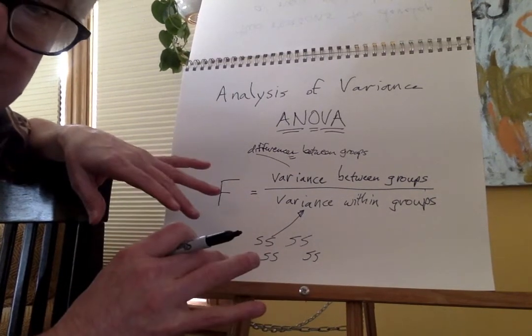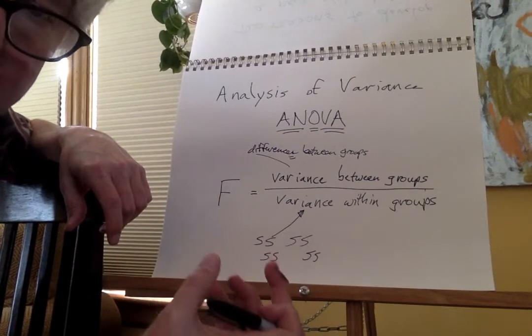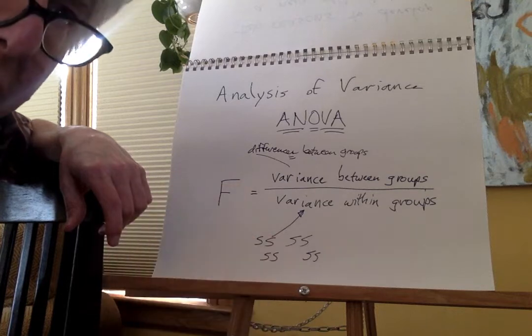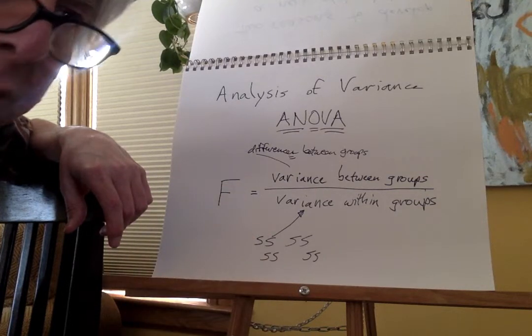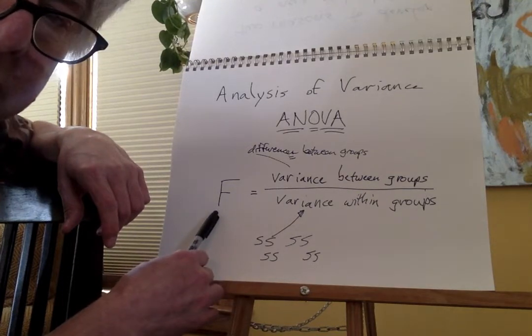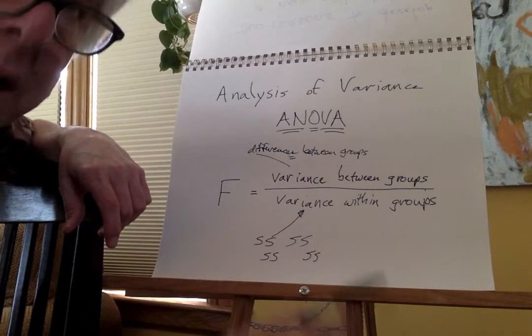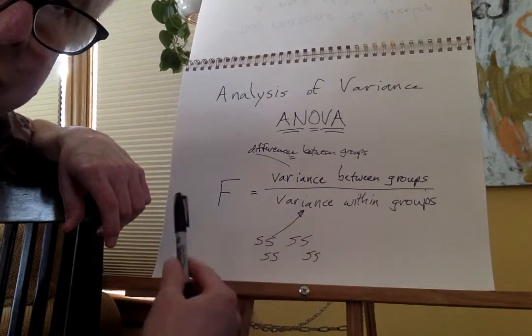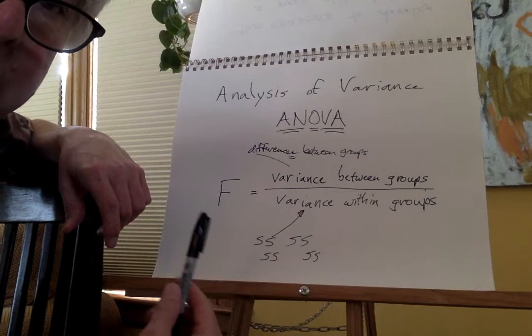You punch in all the numbers, you get a value for F, and then guess what you do? You look at a critical value for F, you compare what you calculated to the critical value, and if what you calculated was larger than the critical, then that means there were differences somewhere in the treatment.